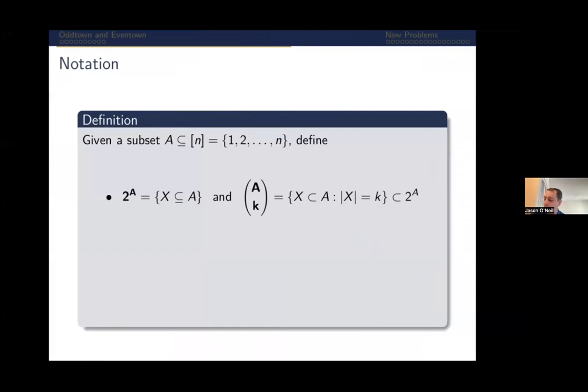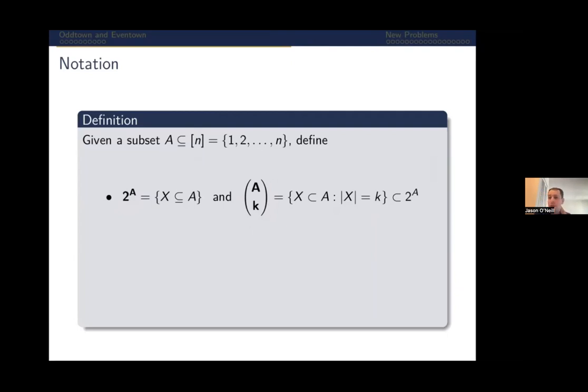The power set is 2 to the A, so this is all subsets of your given set A. We'll also use the notation A choose K to be all size K subsets of your given set A. We use this notation because there are exactly 2 to the cardinality of A such subsets of your set A, and cardinality of A choose K subsets of size K.